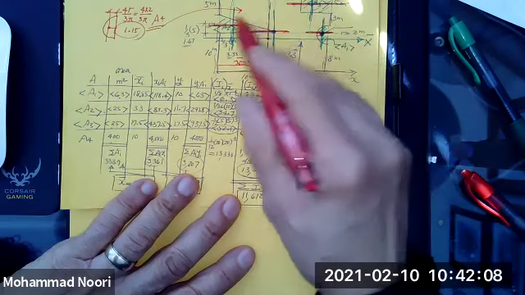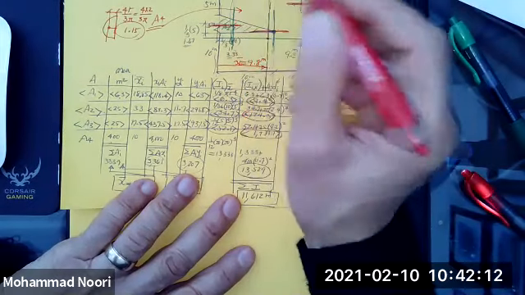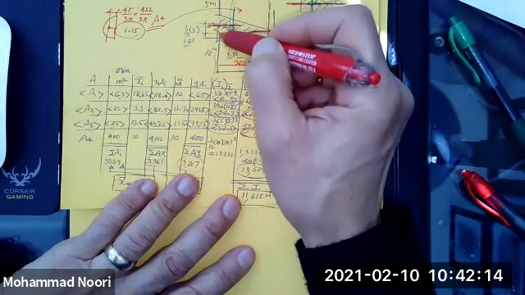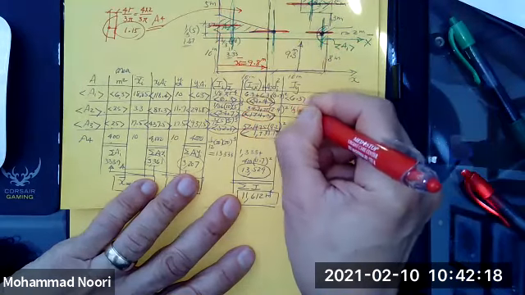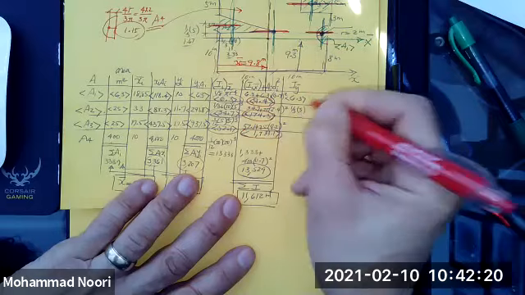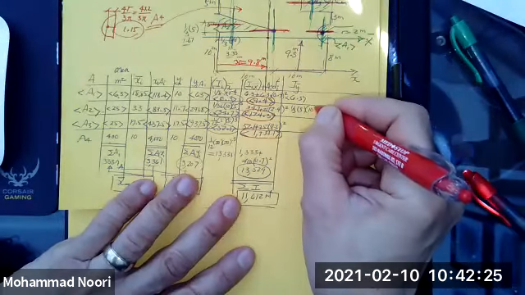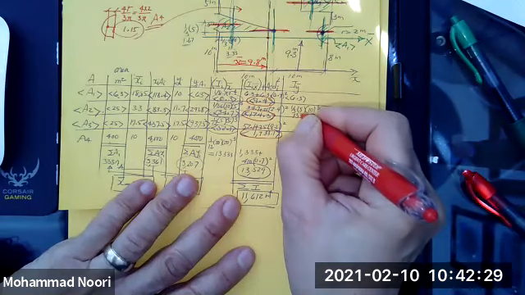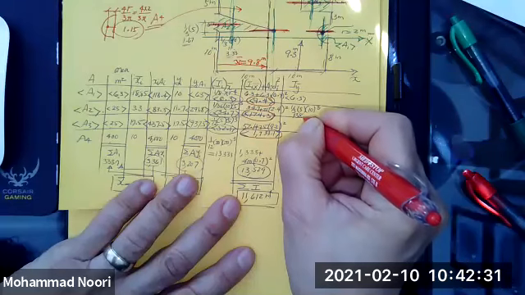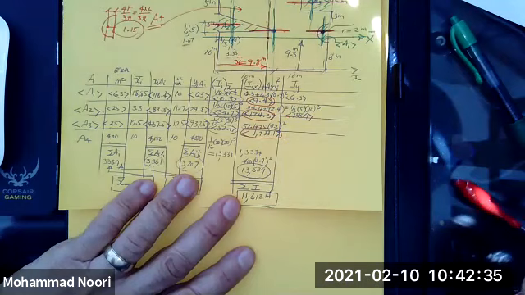For this one, it's 1/36 of the base parallel to that, 1/36 of 5 times height cubed. If you calculate that, it comes out to be 138.9 negative.